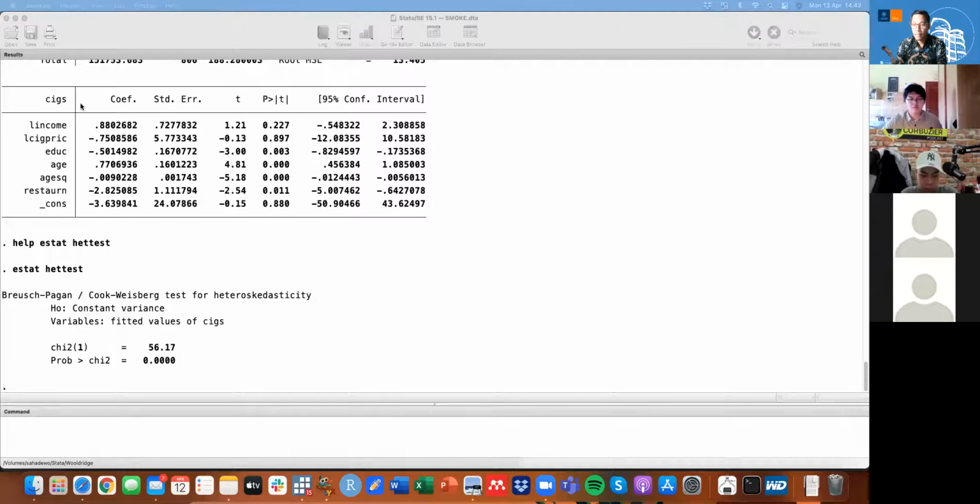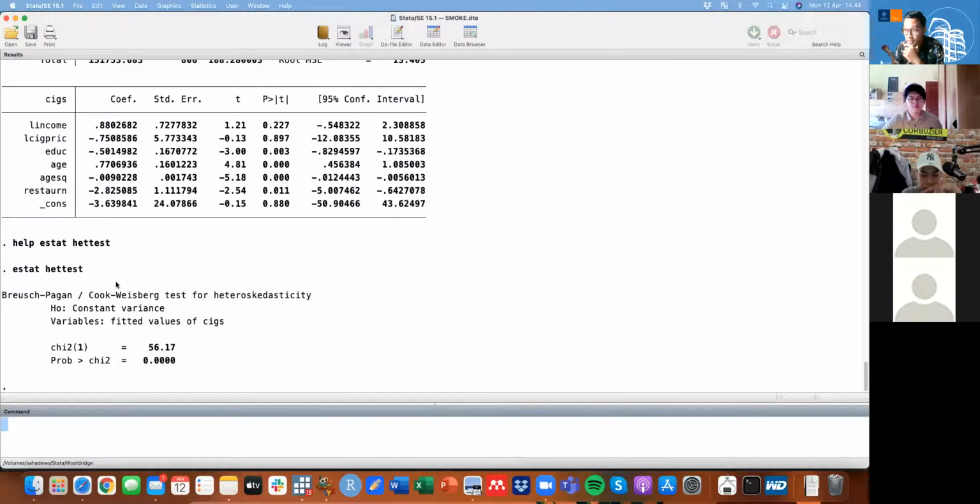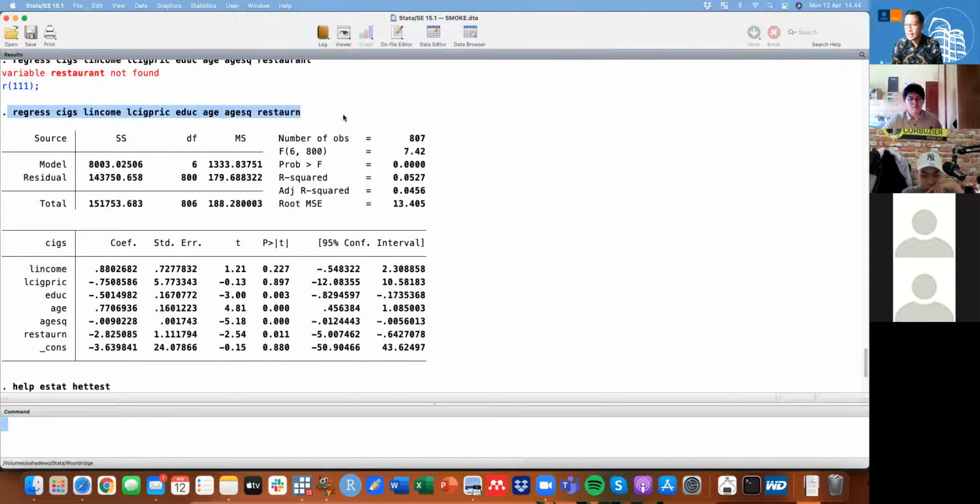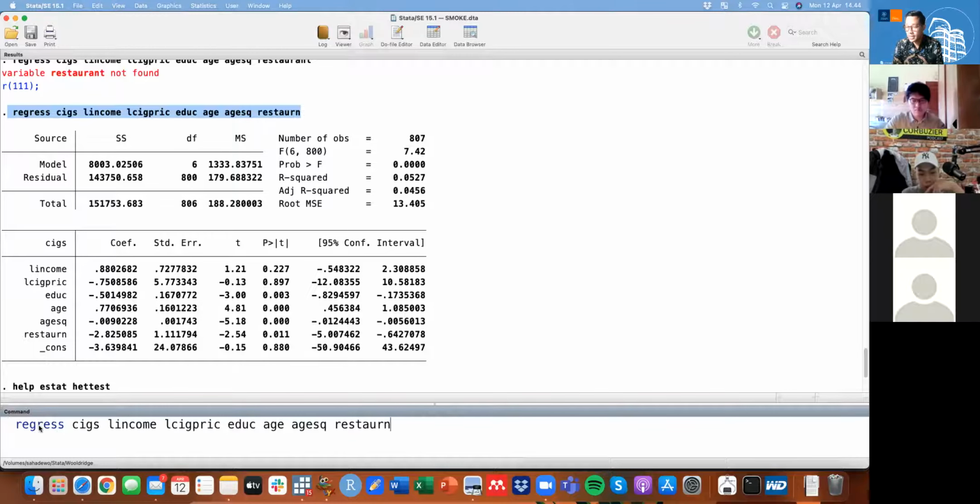All right, so the first thing that we're going to do is run the same regression that we ran previously. So here I'm going to use regress the number of cigarettes on log of income, log of cigarette price, education, age, the square of age, and whether or not there is a restaurant smoking restriction.